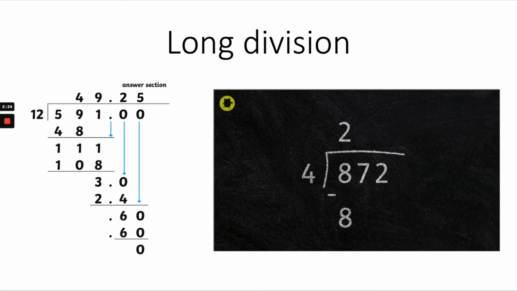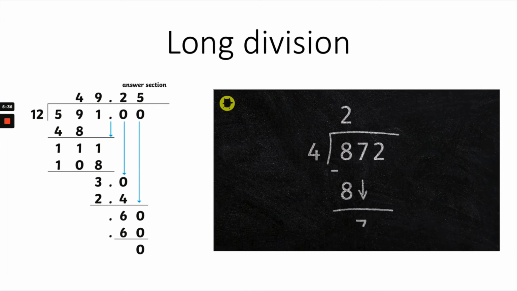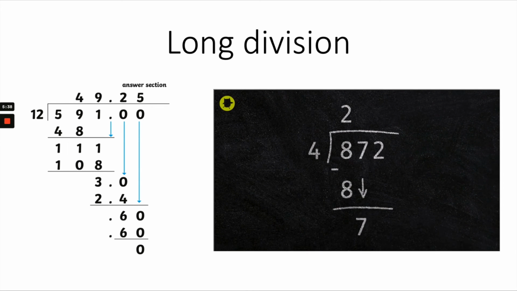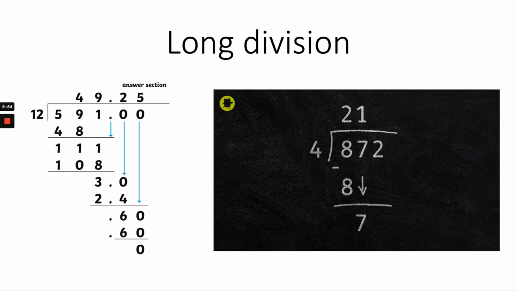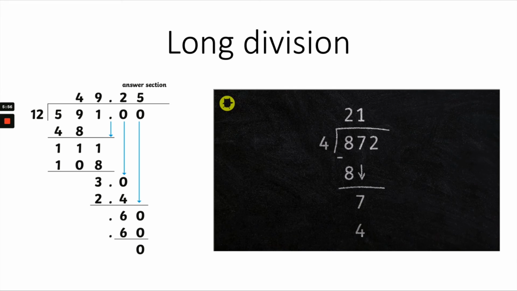Next, we bring down the 7 and ask, how many groups of 4 are there in 7? The answer is 1, so we write 1 above the 7. Next, we multiply 1 by 4. The answer is 4, so we write this below the 7.